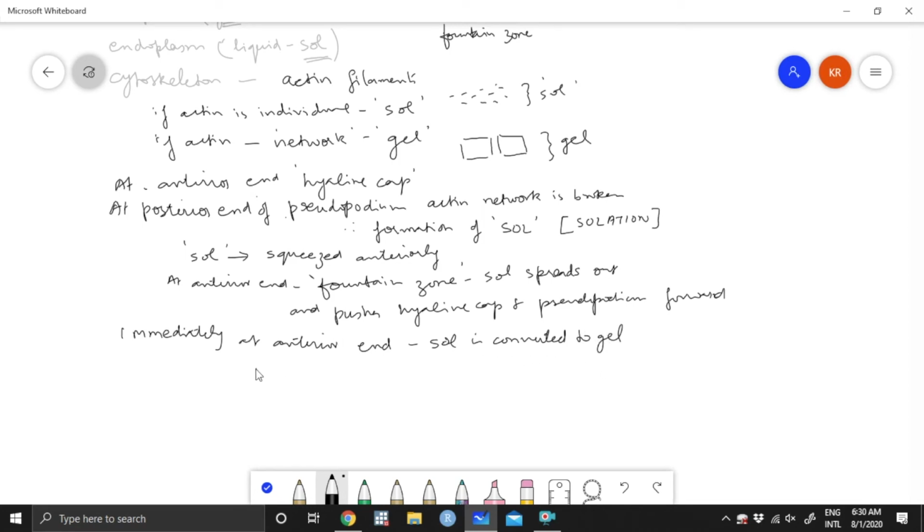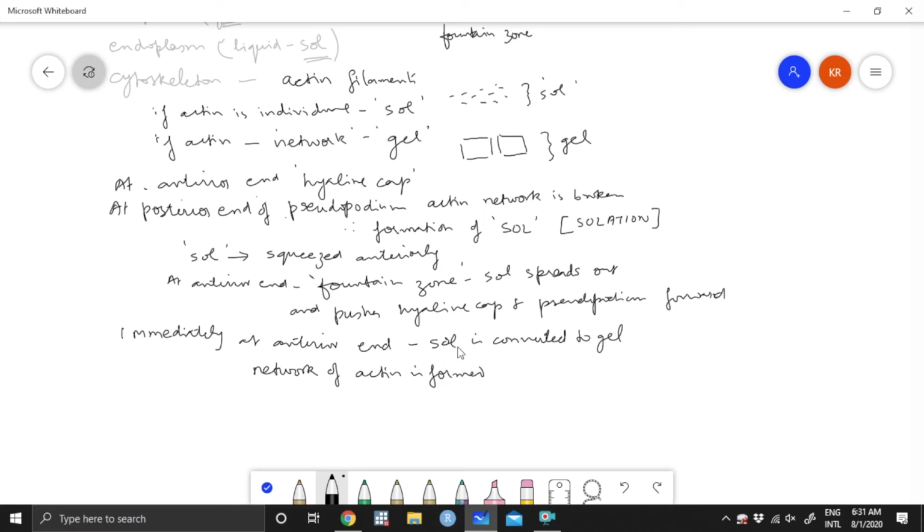Why? Because network of actin is formed. Why is the network formed? Because there are some enzymes that allow this to function and allow that to take place.